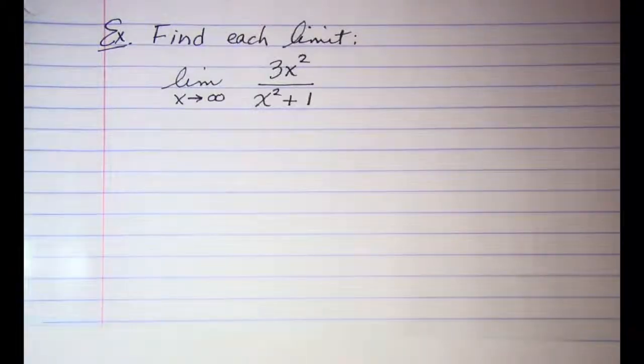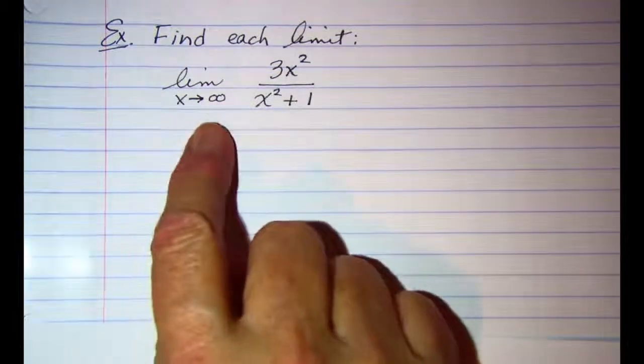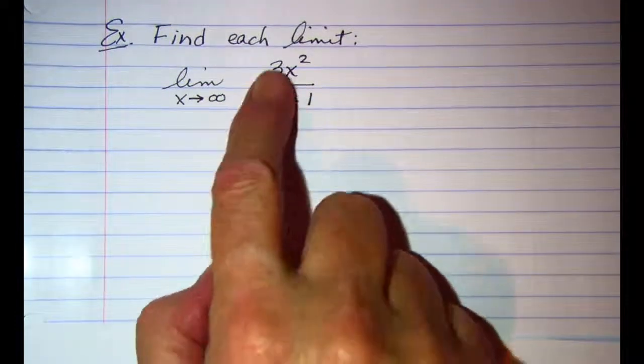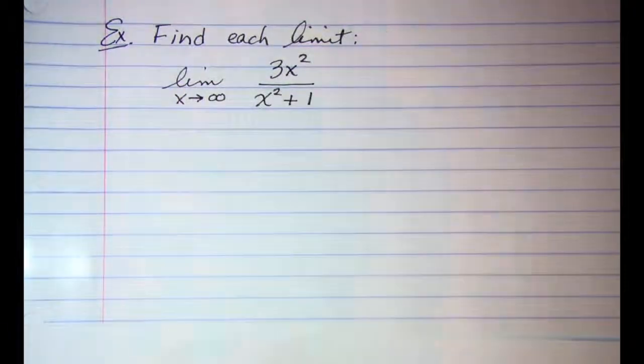The first problem that we're going to be doing is we're asked to find the limit as x approaches infinity of this expression, 3x squared divided by x squared plus 1.